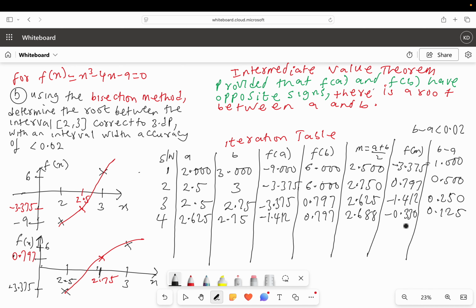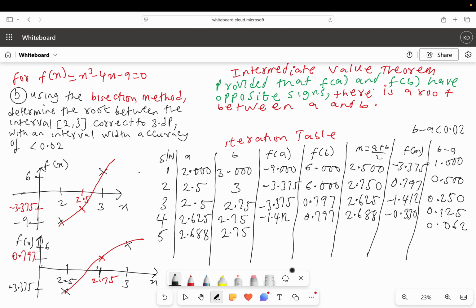So you can see it is negative, and it is f of a that gave me negative. So it means my m will replace a. So I will have 2.688, then 2.75. So I have to test my iteration condition. 2.75 minus 2.688 will just be 0.062. So I have not met my condition.